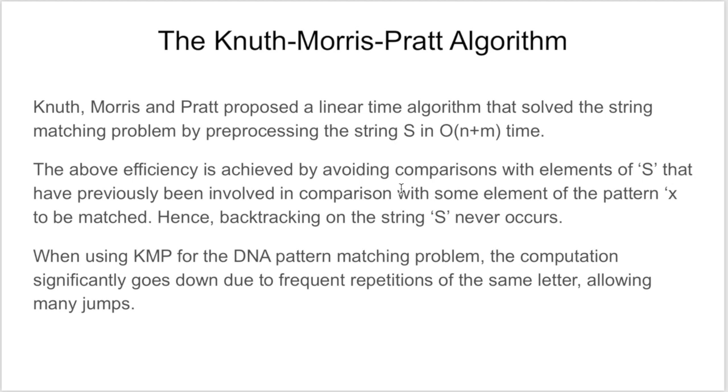The KMP algorithm solves this problem in linear time, which is O of n plus m. The trick here is to avoid excessive comparisons of elements in the string S which have already been compared with the pattern in previous loops. This will avoid backtracking in the string S, save a lot of time, and reduce the complexity.